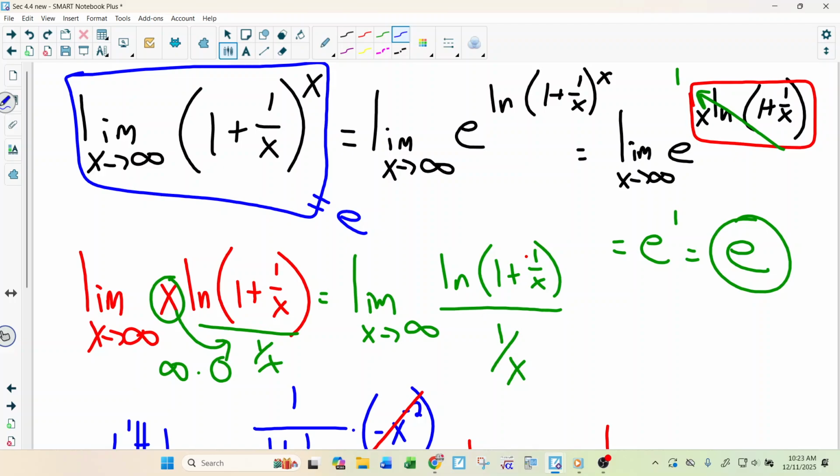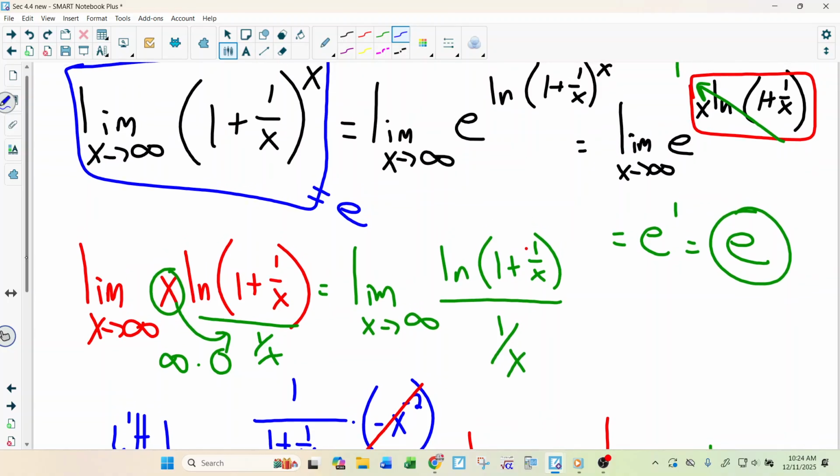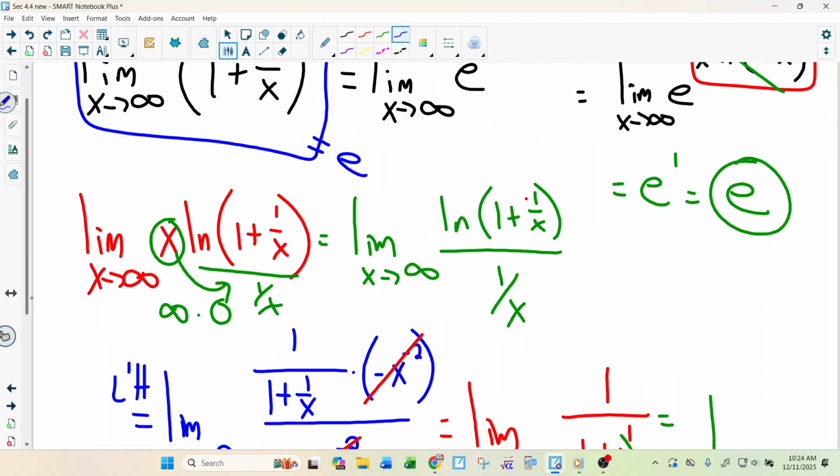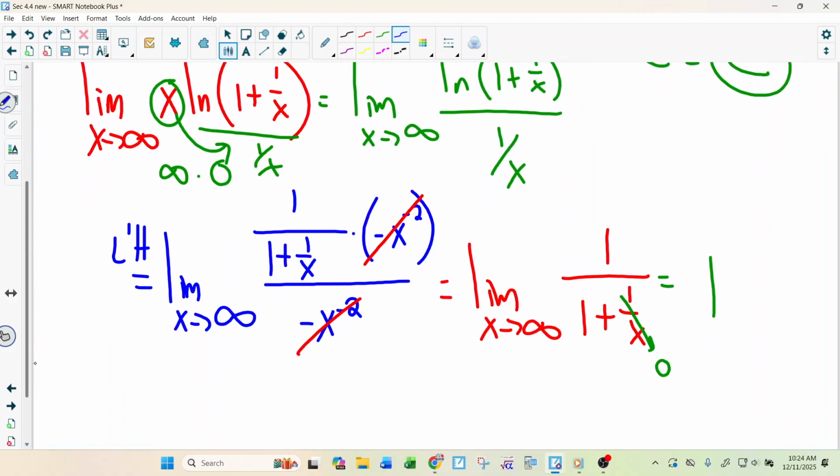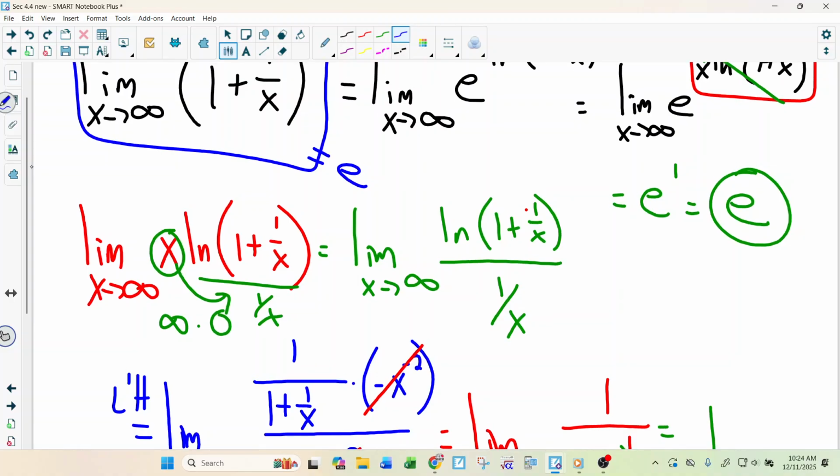One of the things you've got to be careful of that's hard with these, and this is very fresh in my mind because of a situation I had with my own son. He had a problem like this on his calc exam, and he was complaining, this was years ago now, he's a senior now, because he did all of this and got an answer of 1. But he forgot to go back up and put it right there in the exponent to get e, and he got like half credit.